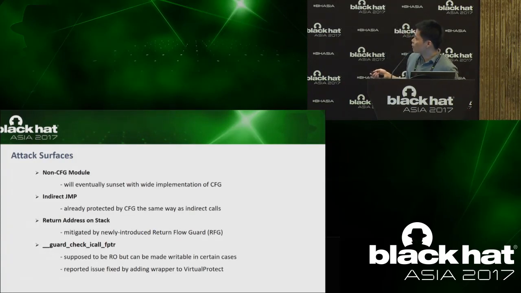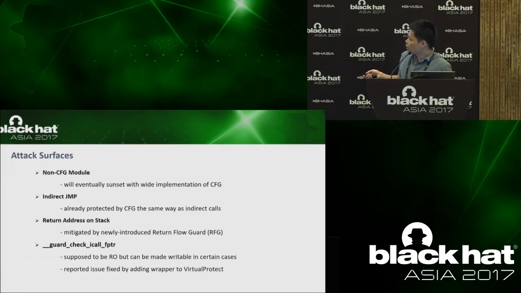One more attack surface is the guard check function pointer inserted by the compiler before each indirect call or indirect jump. This function pointer is supposed to be read-only, but under certain cases, it can be made writable.